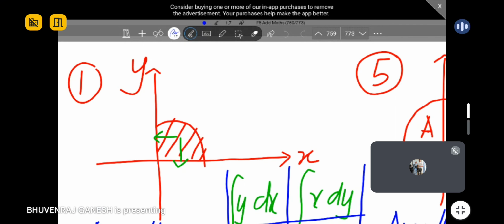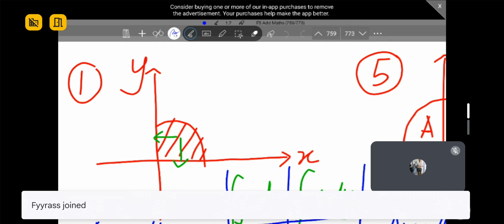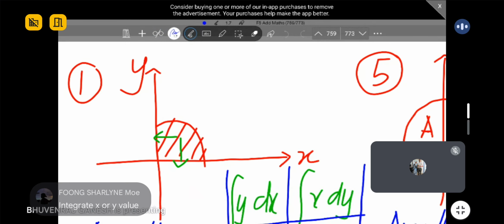So anyone want to share? How do I get the area, luas? Guys, you must respond a bit. Kamu kena respond sikit.